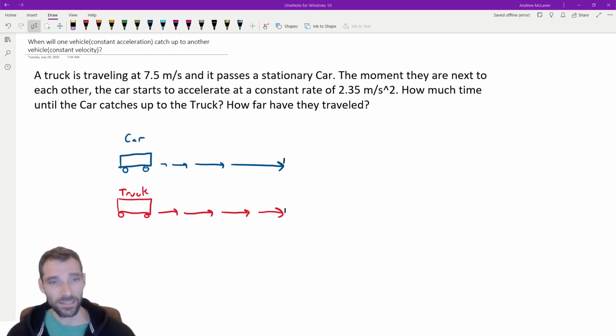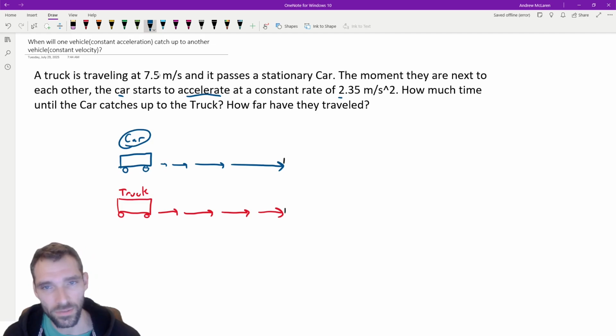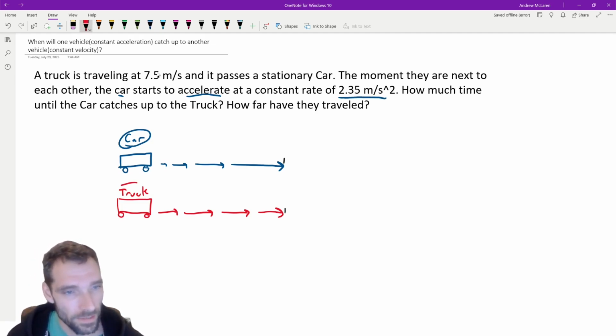So the basic idea here is that you've got some sort of vehicle, maybe we call this the car, that is going to be accelerating, and it's going to have a constant rate of acceleration. So the car is accelerating and it's doing so at a certain rate. And then we've got this truck and it is going to be traveling at a constant velocity.